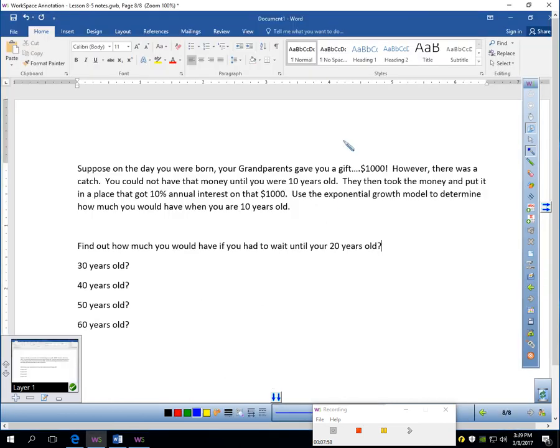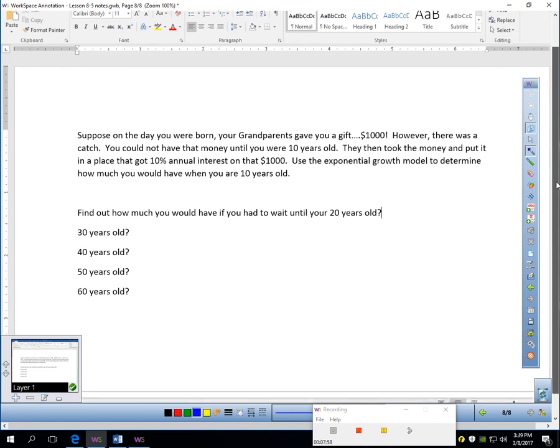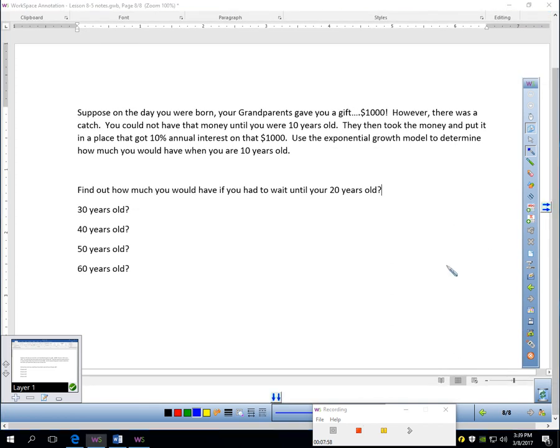So to finish off the video, you're going to need your calculator. We're going to use the exponential growth model, which you see here, and we're going to use this to do this problem to give you an idea of why this model is kind of interesting when we talk about money.